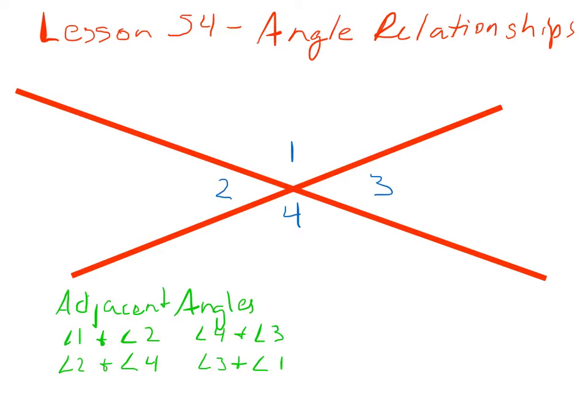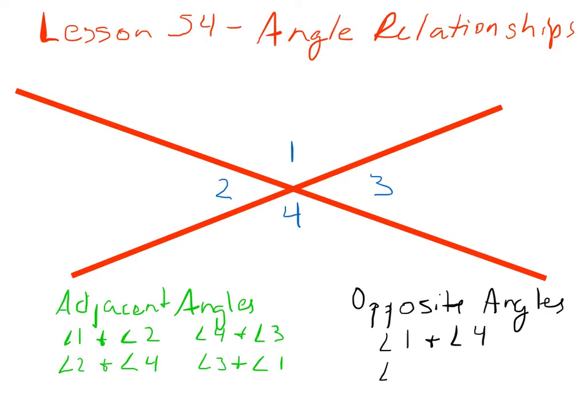And we also can talk about opposite angles. Angles that are opposite, we also call them vertical, although in this case it'd be a horizontal angle. But vertical angles, opposite angles, so opposite angles here would be angle 1 and angle 4, angle 2 and angle 3.